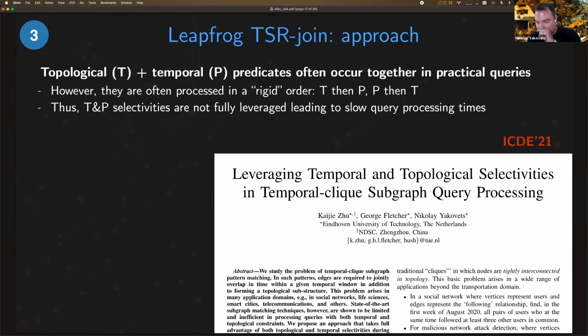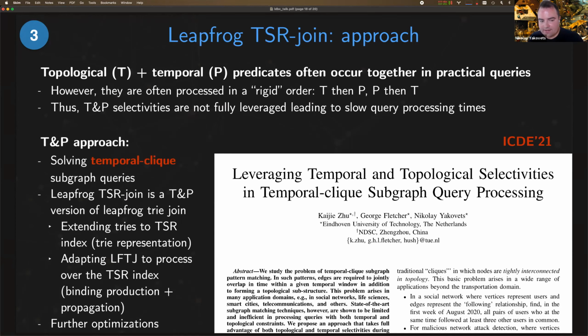But what we're doing, and this paper appeared in ICDE this year, is we modify the leapfrog triejoin algorithm. So it's a well-known worst case optimal join algorithm, to essentially push these temporal predicates into the algorithm itself.